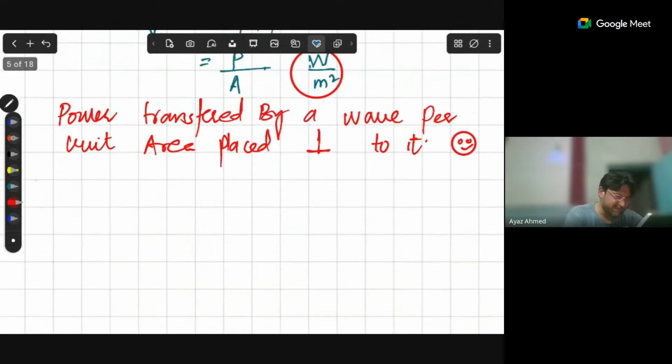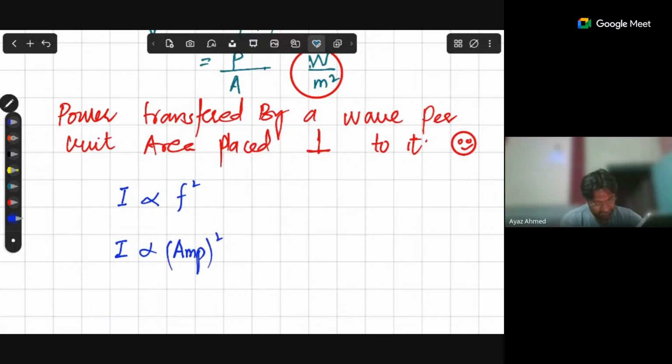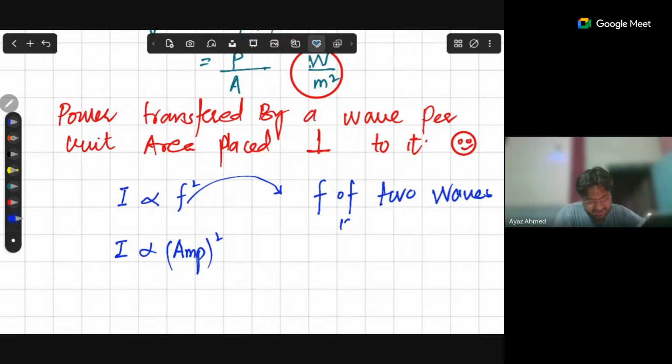Now intensity has different dependencies in this topic. Intensity is directly proportional to the square of frequency, and directly proportional to the square of amplitude. Mostly we have a common question where the frequency of two waves is kept constant, since for monochromatic waves the frequency is the same.